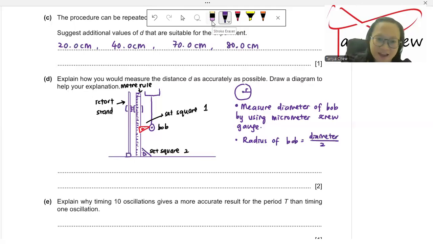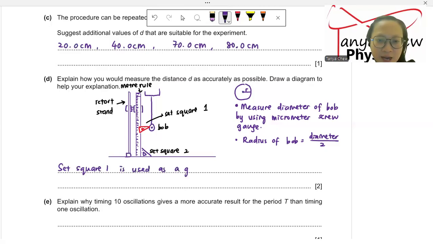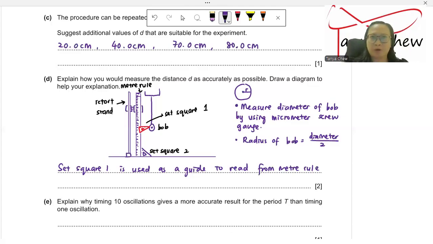Done. And then, why do I use set square 1 and set square 2? I will explain. Set square 1 is used as a guide to read from the meter rule. Because when you hang the pendulum bob, there is a certain distance between the bob, the string, and the meter rule.